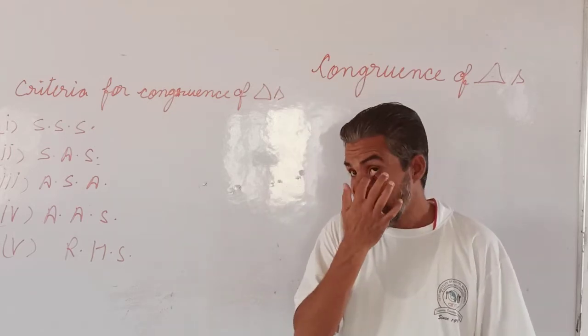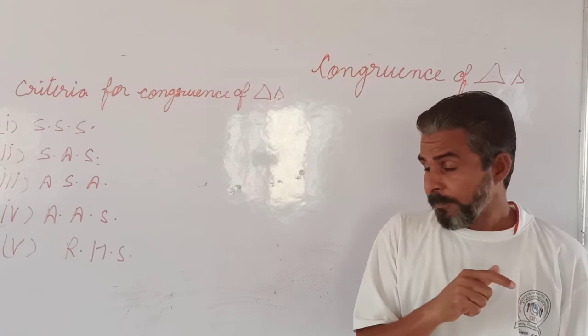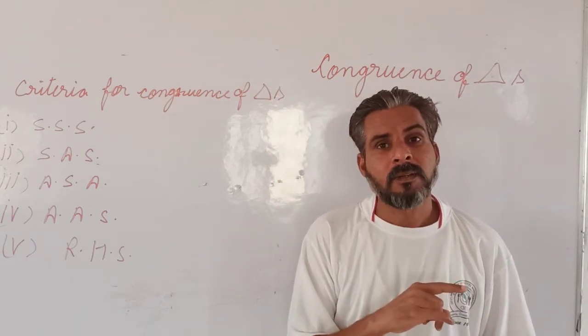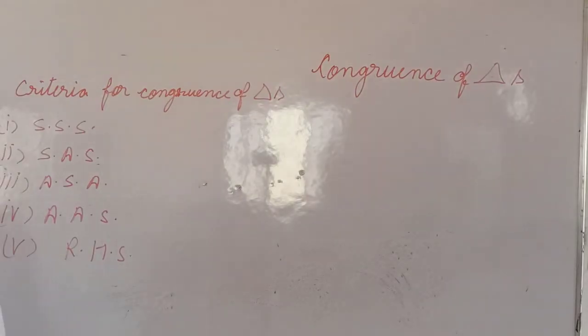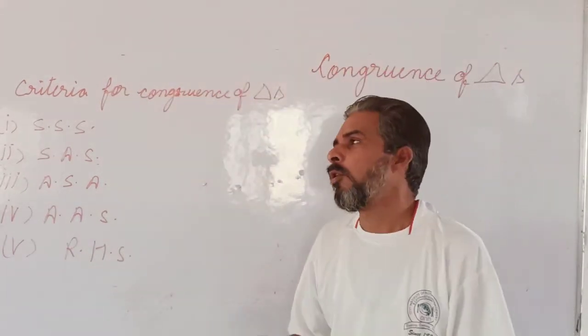Hypotenuse means the side opposite to the right angle, and any of the remaining two sides. Now it is not necessary that the base alone should be equal or the perpendicular alone should be equal. If the right angle triangles are there, means one angle is the same 90 degrees. Their hypotenuse should be equal. Out of the remaining two sides, any one side should be equal. Then we can say the triangles are congruent.